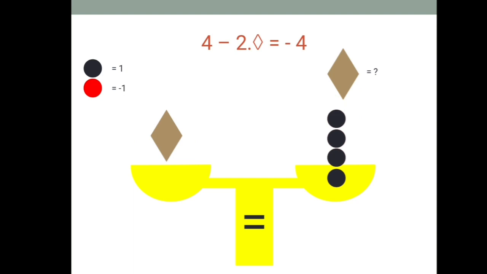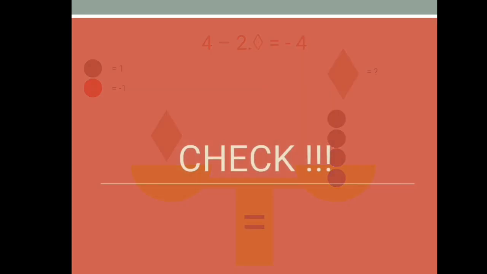And then after that, yes, we actually found the solution for the rhombus, but we should check in the equation: 4 minus 2 times rhombus equal to minus 4. If we replace the rhombus with 4, is it going to be the correct answer?